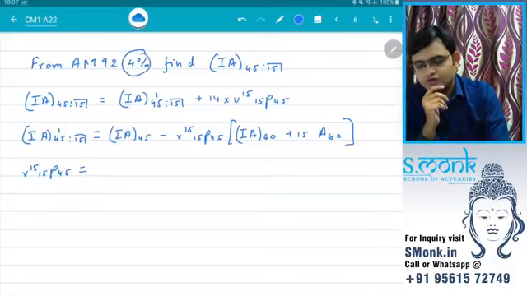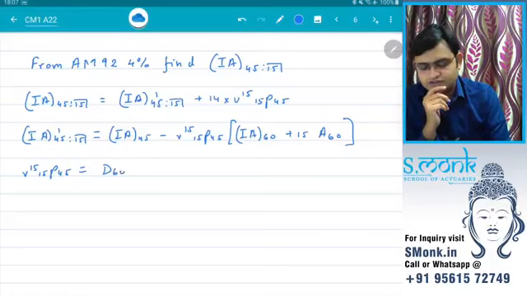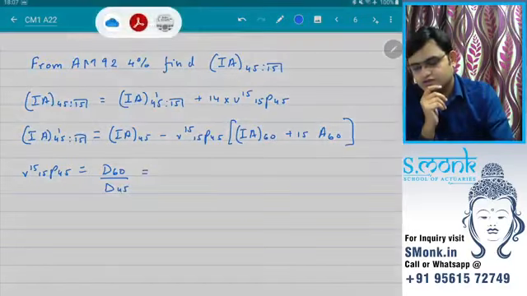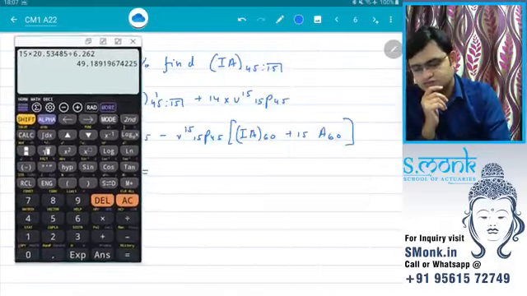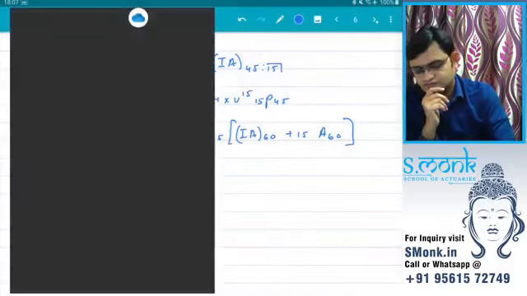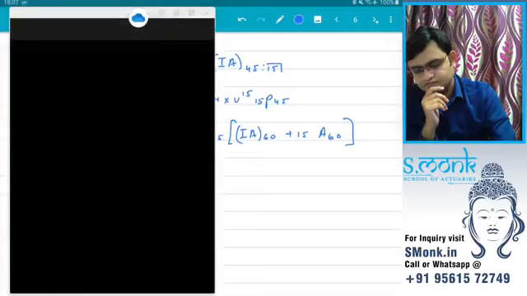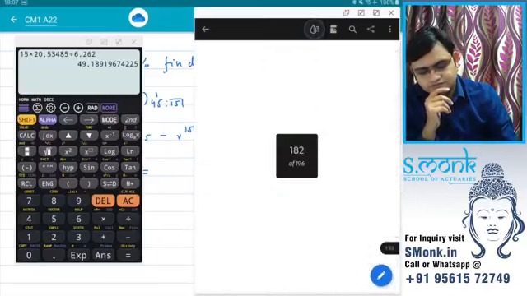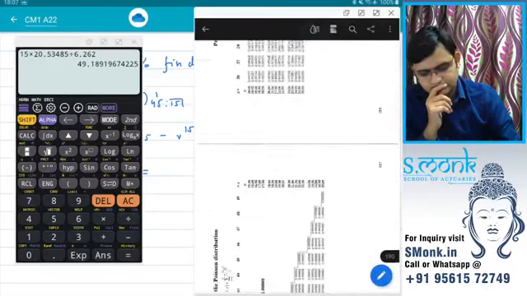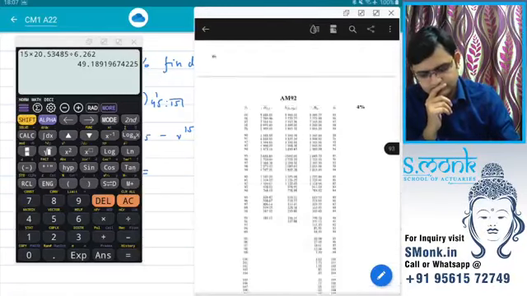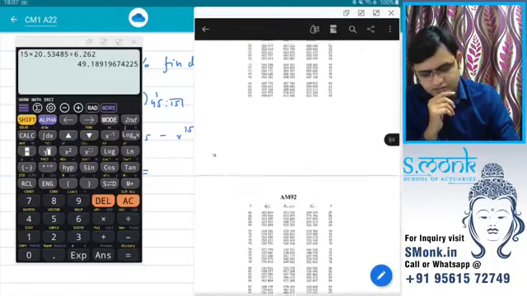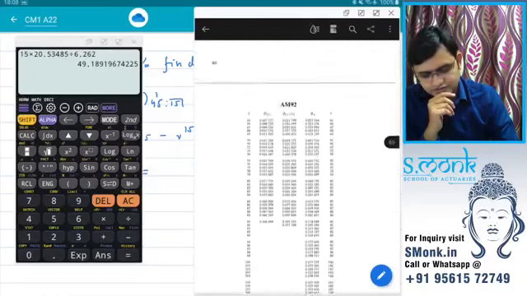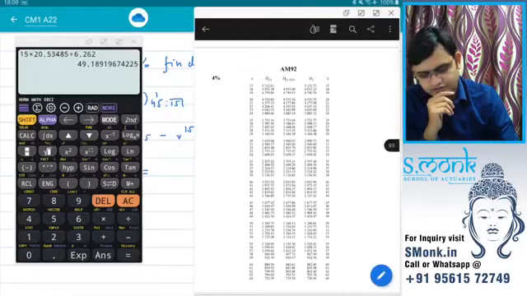Now because we are talking about 4%, we can find that in terms of D. It will be D60 by D45. Okay. So capital D, that is what we are looking for.